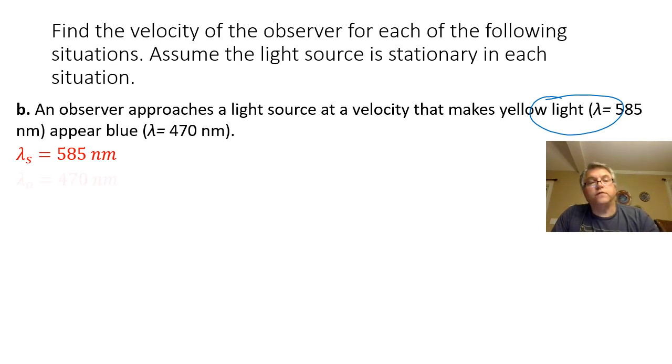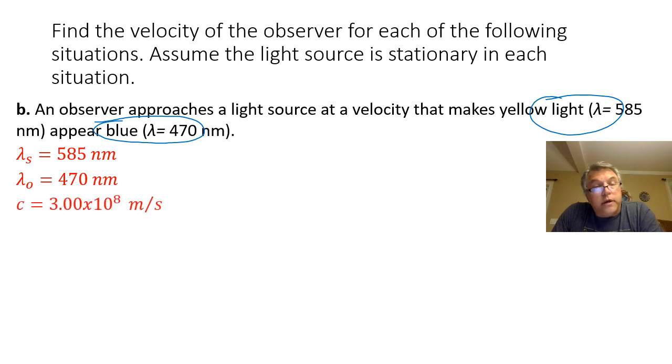And the observed wavelength, because it says it appears blue, is going to be 470 nanometers. C, as always, is our speed of light, 3.00 times 10 to the 8th meters per second. And as with the previous part, we are looking to solve for velocity.